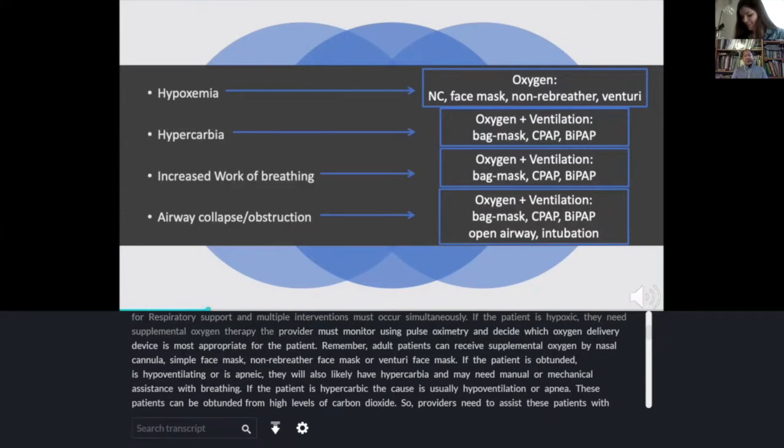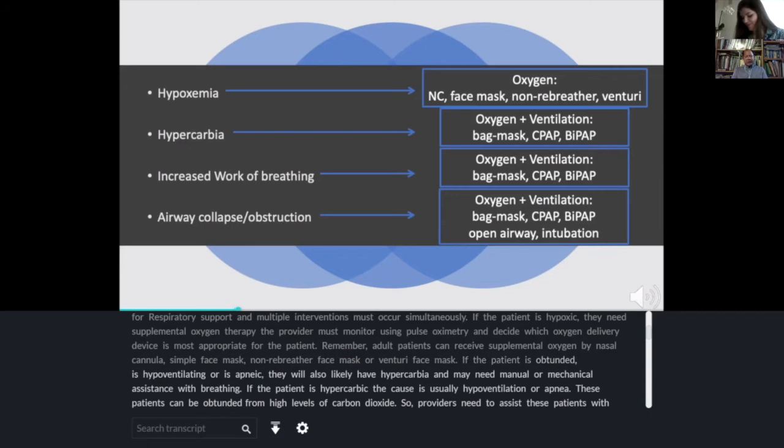The provider must monitor using pulse oximetry and decide which oxygen delivery device is most appropriate for the patient. Remember, adult patients can receive supplemental oxygen by nasal cannula, simple face mask, non-rebreather face mask, or Venturi face mask.